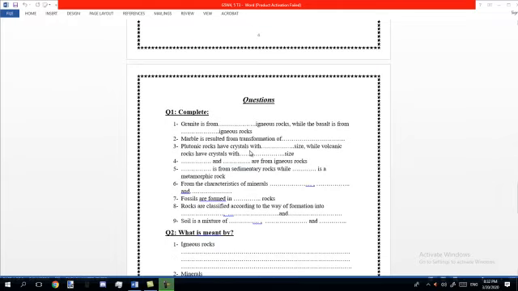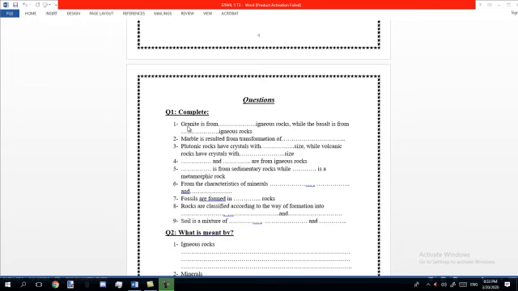These questions are on your sheet. Okay, the first question is, granite is from what igneous rock? What type of igneous rocks does the granite belong to? We said that igneous rocks are two types. What are they? The plutonic igneous rock or the volcanic igneous rock.